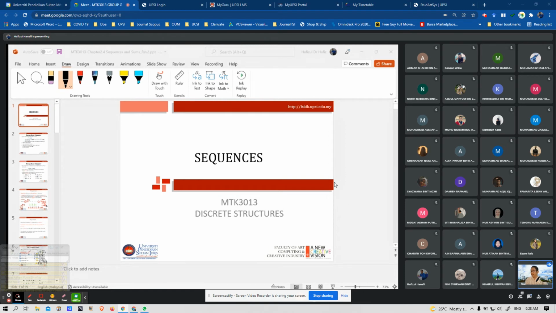Okay, in mathematics, a sequence is an enumerated collection of objects in which repetition is allowed and order matters. This one is an enumerated collection.